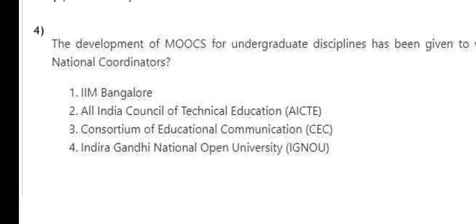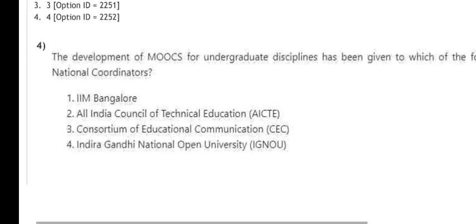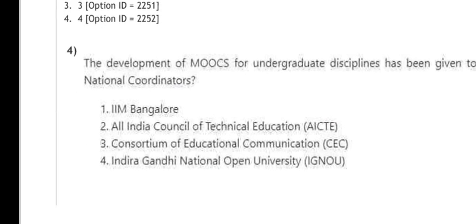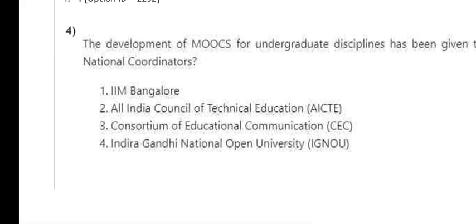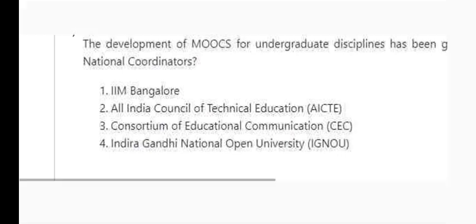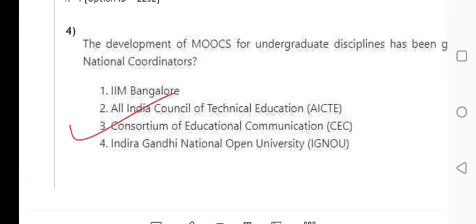Next, the development of MOOCs, massive open online courses, for undergraduate discipline has been given to which of the following national coordinators? 1, 2, 3, 4: IIM Bangalore, All India Council of Technical Education, AICTE, Consortium of Educational Communication, CEC, Indira Gandhi National Open University, IGNOU. So it will be Consortium of Educational Communication, in short CEC.